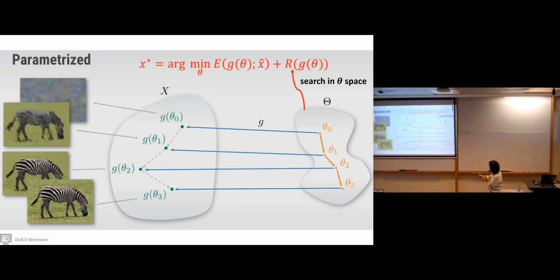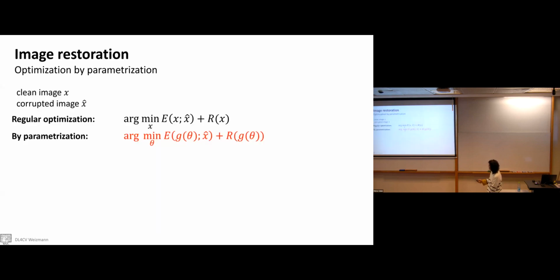So this is the idea of moving from a regular optimization to optimization in the parameter space, such that I have some mapping between the parameter space and the image space. The parameter space of what? Some parameterization, okay? In deep image prior, it's going to be the parameter space of the network, right, exactly. So these are the two ways to optimize.